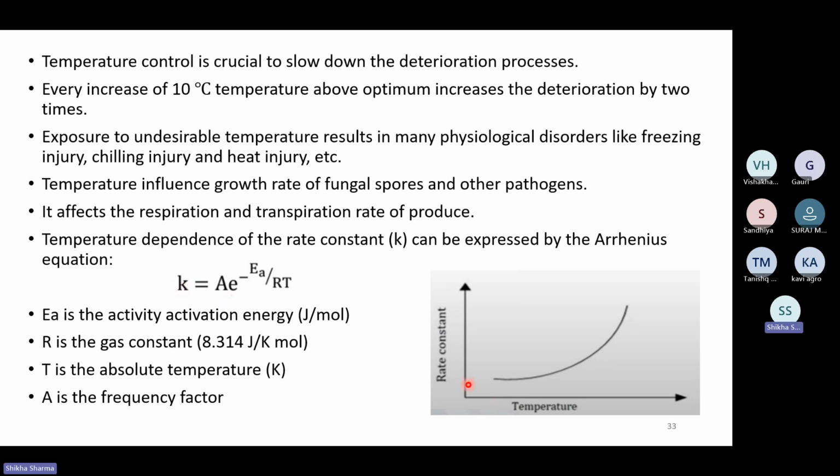At low temperature the rate constant is also low, but as we increase the temperature, there will be a 2 to 3 times increase in the rate constant. So there is a rapid increase in the rate constant value.